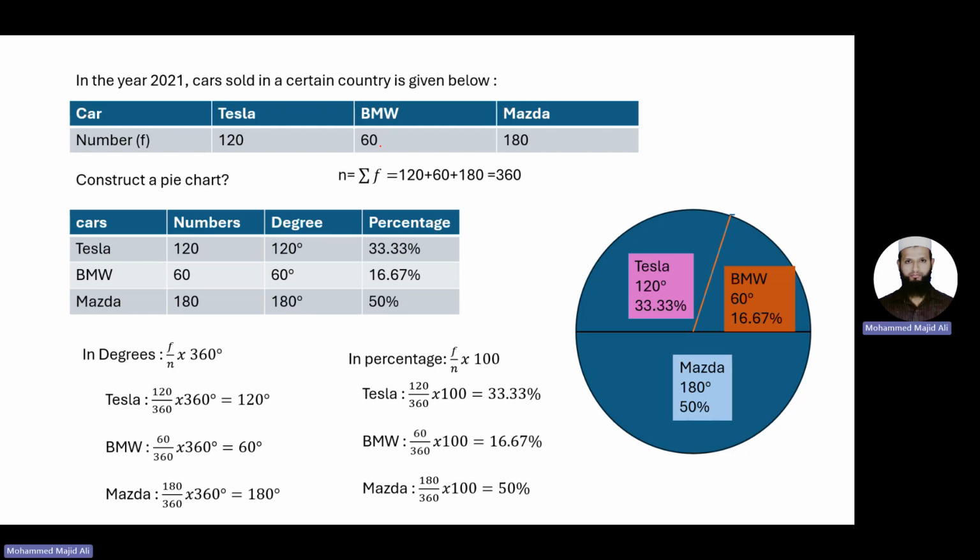BMW 60. Mazda 180. These numbers are the frequencies F. To construct a pie chart, we can represent in degrees or percentage.